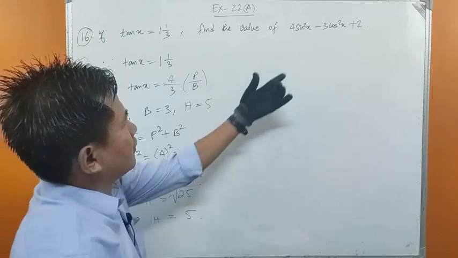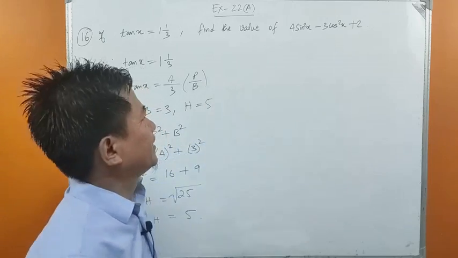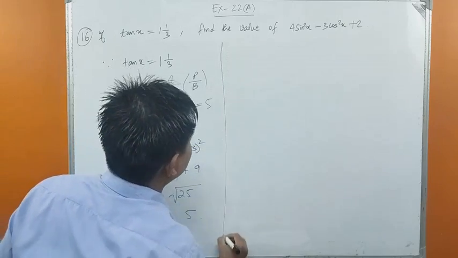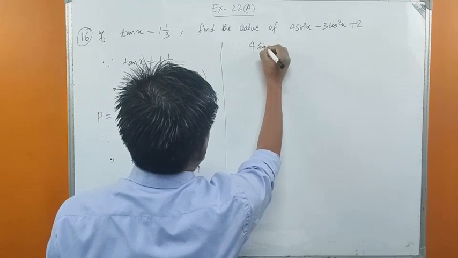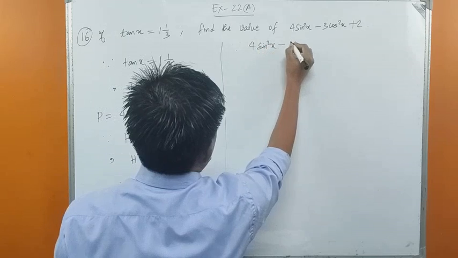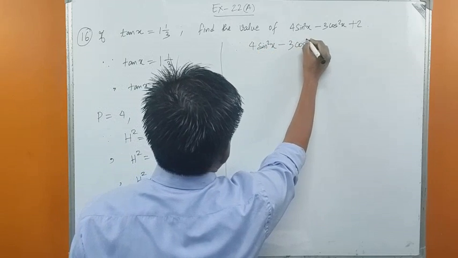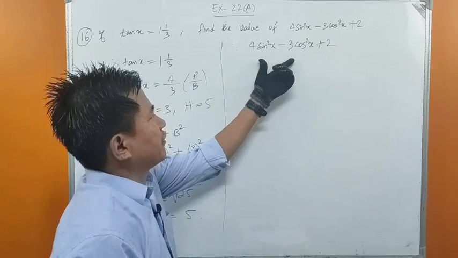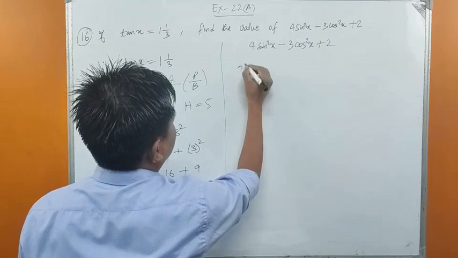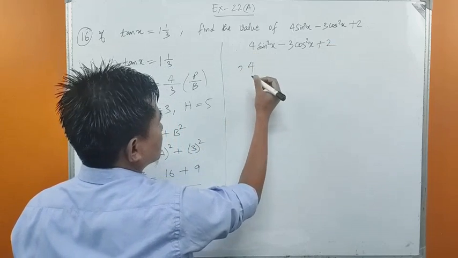Now let us find the value of this expression. Since we have 4 sin square x minus 3 cos square x plus 2, we will find the value of this expression. 4 we write as it is.